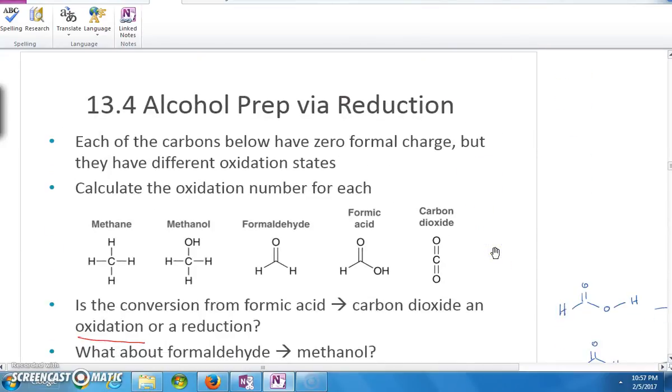If you look at this, each of the carbons below has 0 formal charge, but they all have different oxidation states. Why is that? If we calculate it, you will see that all of them have different oxidation states.